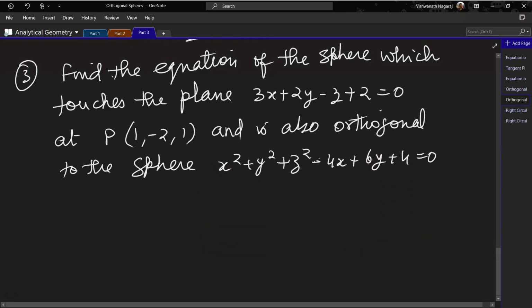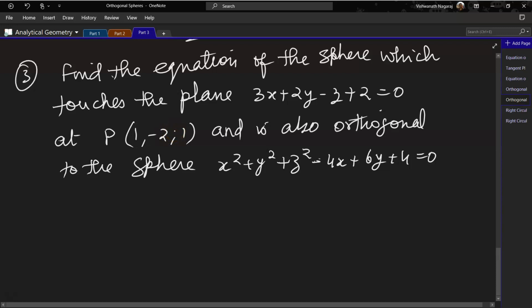So here we have to figure out the sphere which touches this plane, right? Which means that this plane is the tangent plane at this particular point.